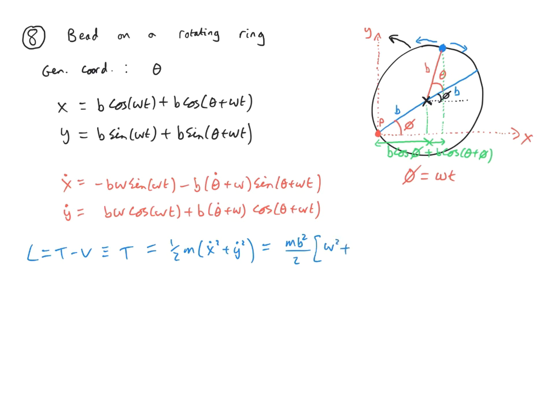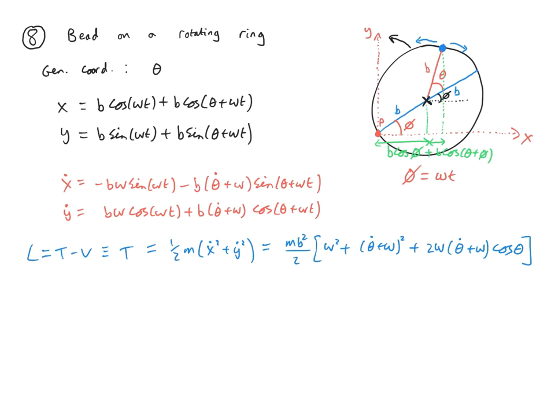Making that simplification, we obtain the following form for the kinetic energy. And the kinetic energy is itself, in turn, basically the entire Lagrangian. So we get this somewhat complicated expression here for our Lagrangian in terms of our generalized coordinate theta.